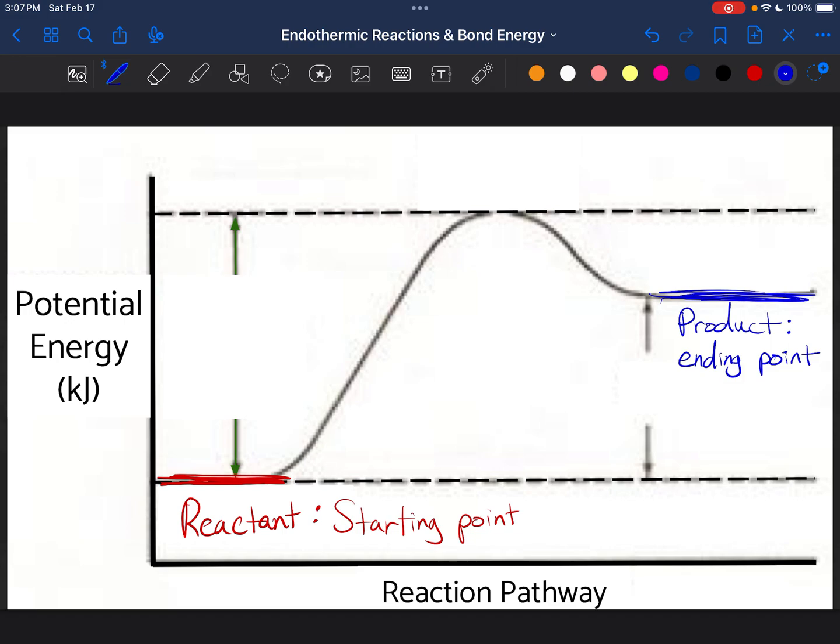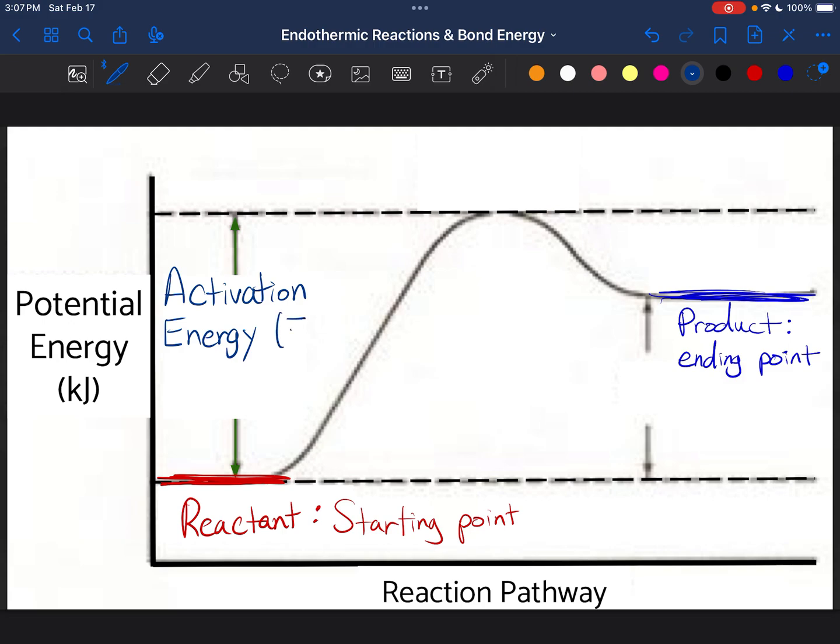After you drink those things, you get all this energy starting up. Your body starts up like an engine. And that is something called the activation energy. That's what we call it in this case.